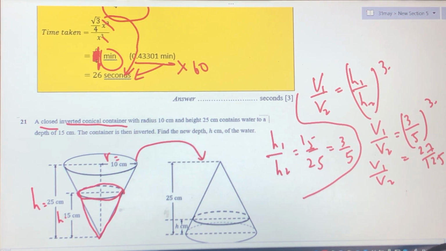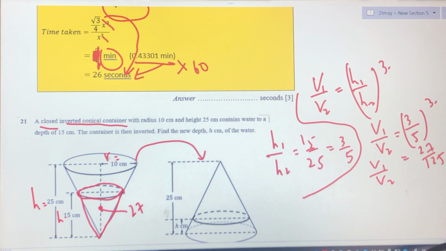Agree? That means this part here is 27 units cubed. The big one, the container, is 125. You follow?